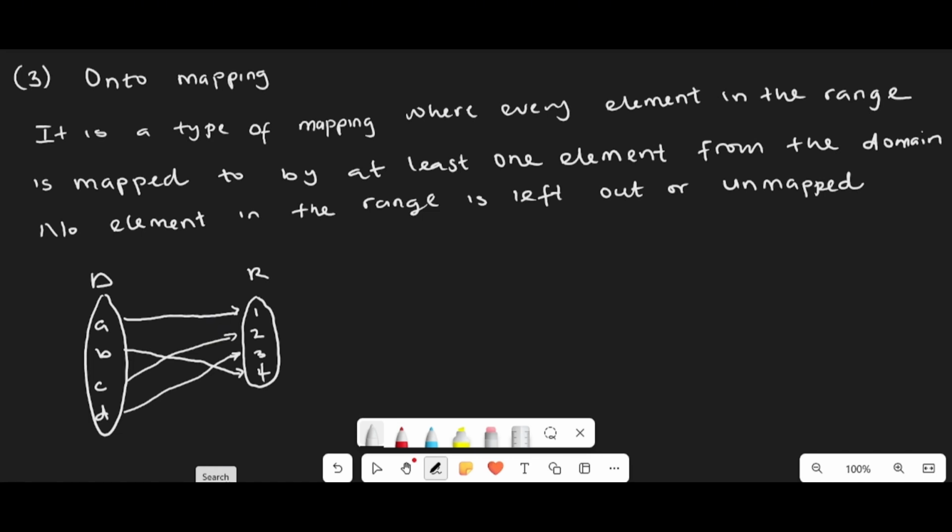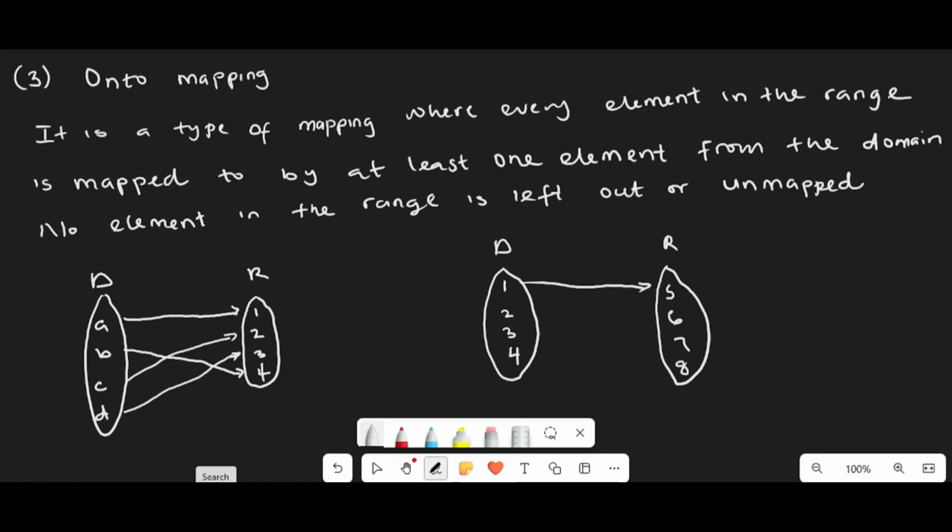Let us consider another example that is not onto mapping. Our D, let us have 1, 2, 3, 4. And our range here, let us have 5, 6, 7, 8. 1 is mapped with 5. 2 is mapped with 6. 3 is mapped with 8.